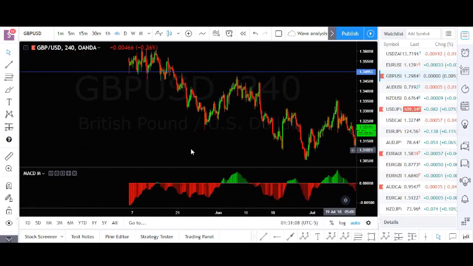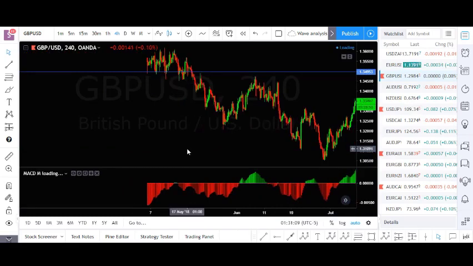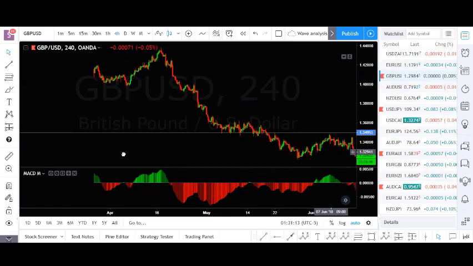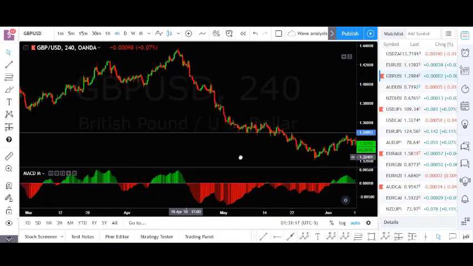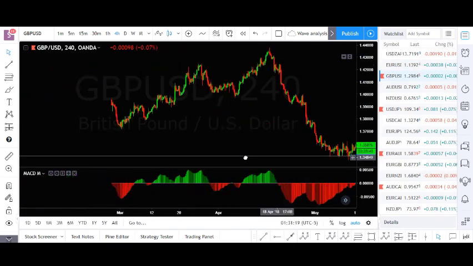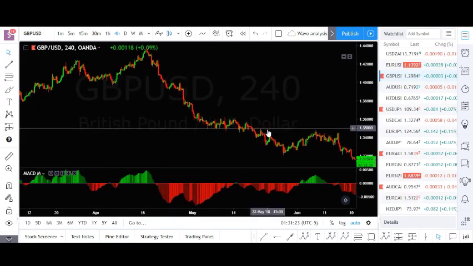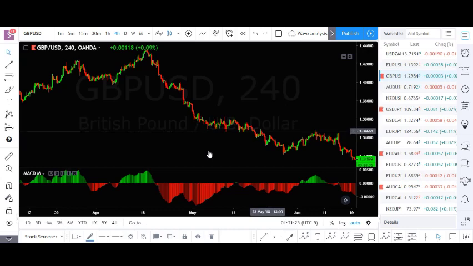See where this downtrend actually starts. Okay, so basically this downtrend starts over here. So we had this down impulse move, and now we had this correction over here, right?